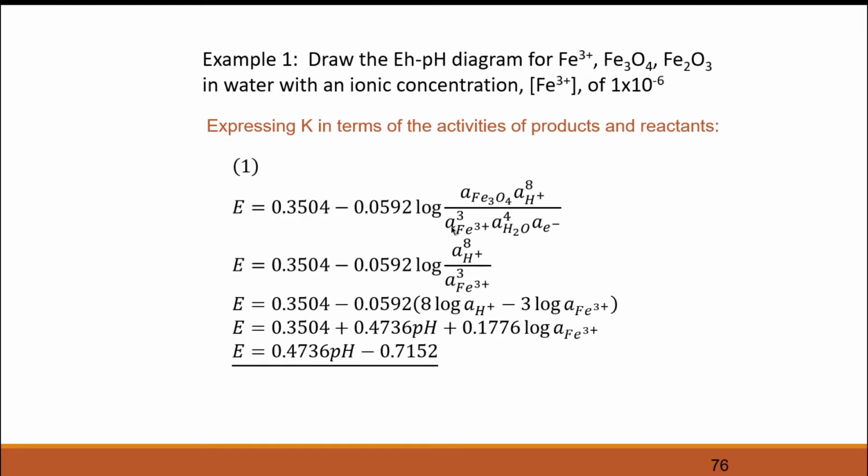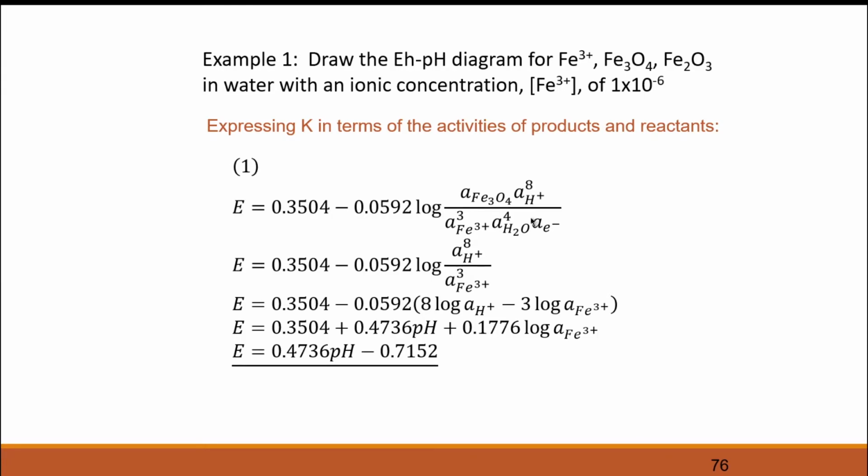Then we have the activity of Fe3 plus raised to the power of 3 because there are 3 moles of the Fe3 plus, and lastly the activity of H2O raised to the power of 4 because there are 4 moles in the reaction. And we also multiply it by the activity of the electron.